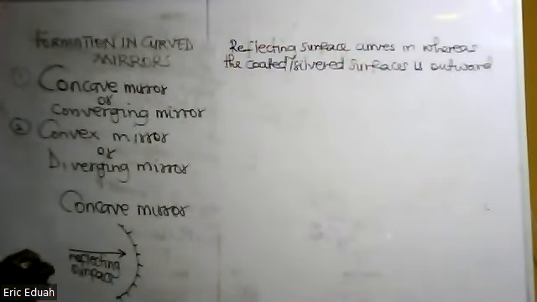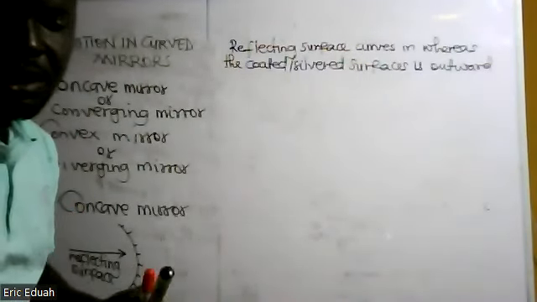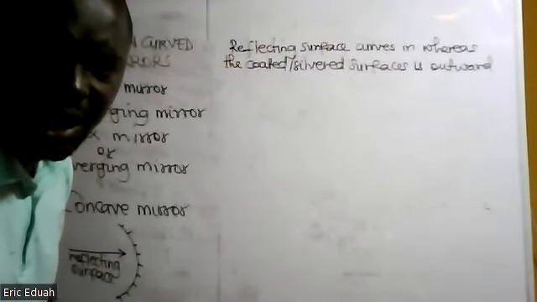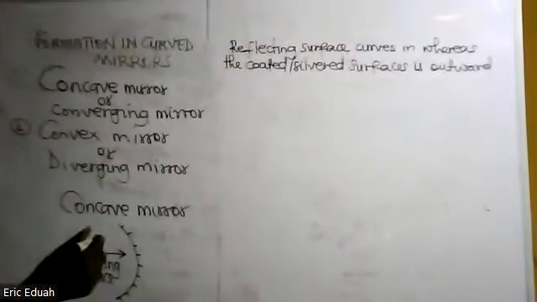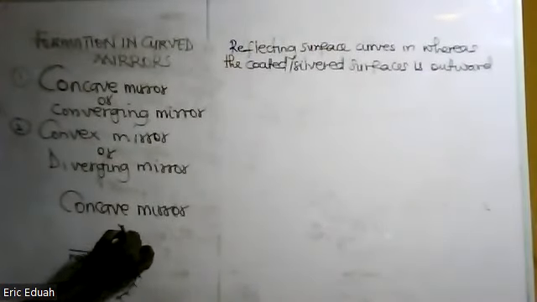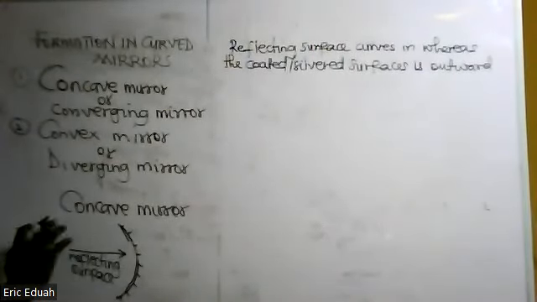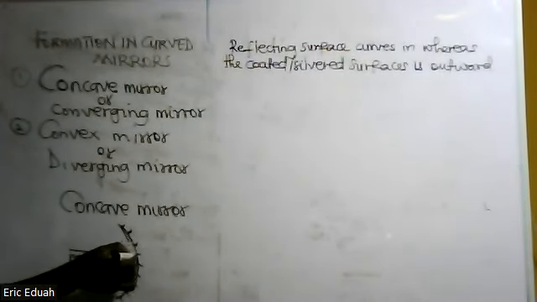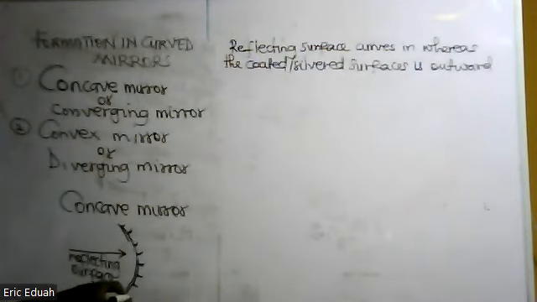Just as I indicated on the board, we have the reflecting surface curving in, whereas the coated surface curves outwardly.